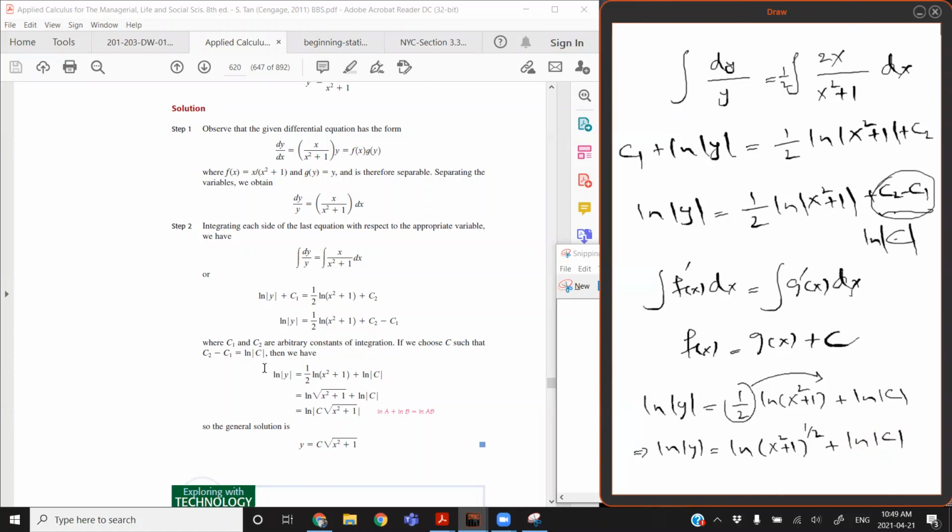And then another property of ln is that a summation can be written as a multiplication. So ln of x plus ln of y is ln of x times y. So this becomes ln of absolute value of y is equal ln of this times this: absolute value of c times root x squared plus 1.